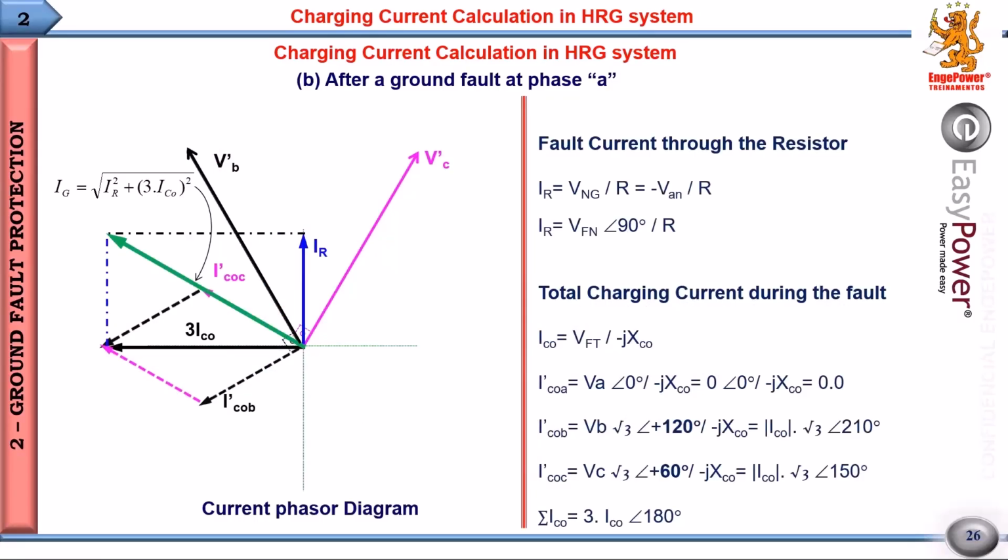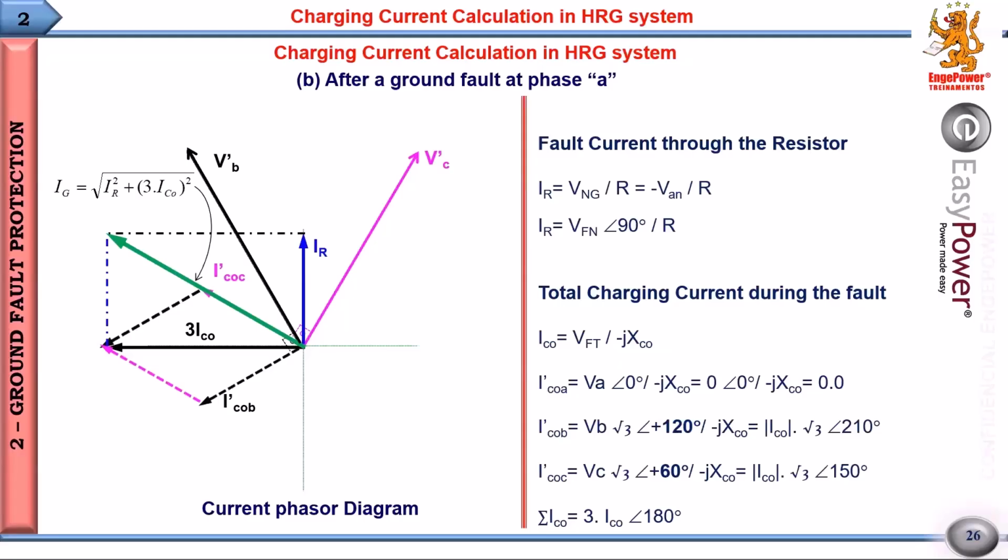Charge current calculations in HRG systems. Now, after a ground fault, the current in the resistor will be VNG divided by R. VNG is minus VAN divided by R. So the final magnitude of IR is this value.